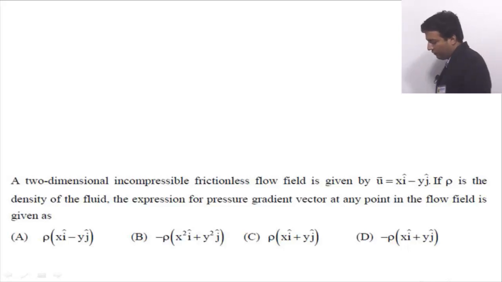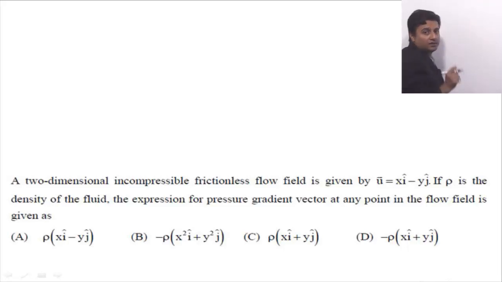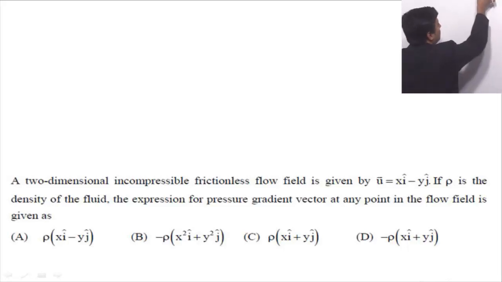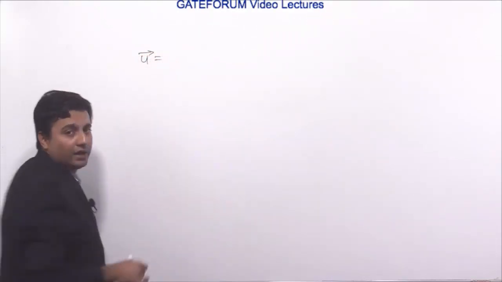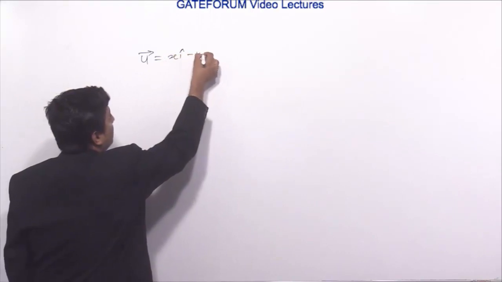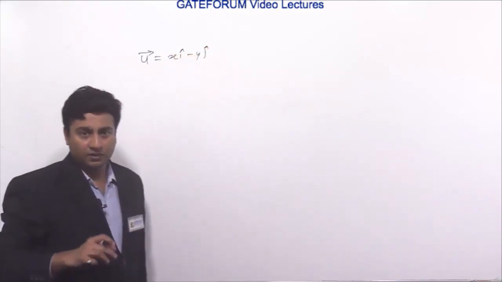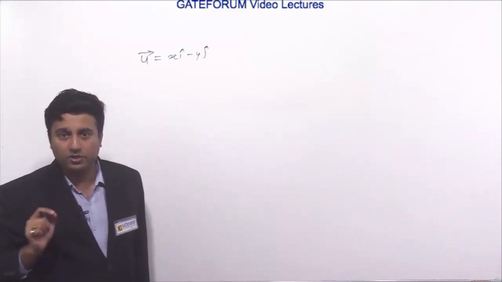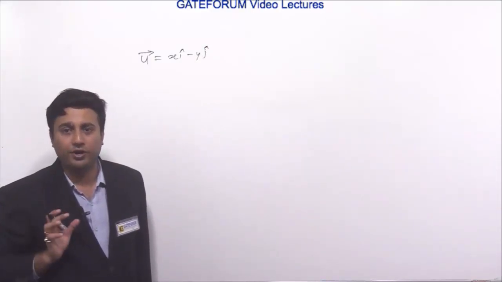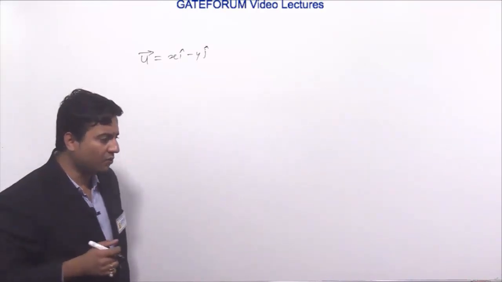Now let me go for the solution of this equation. What is your velocity vector given to you here? U vector is equal to x i minus y j. And what you have to find out is your pressure gradient vector at any point. So what is your Euler's equation of motion?